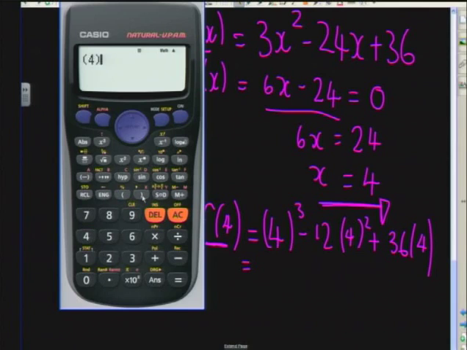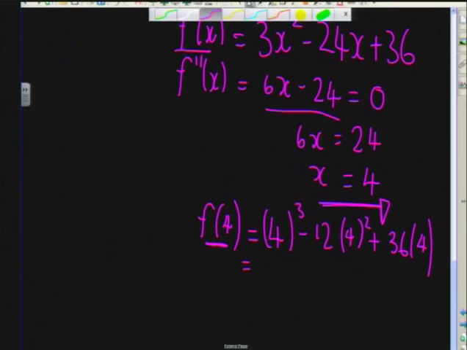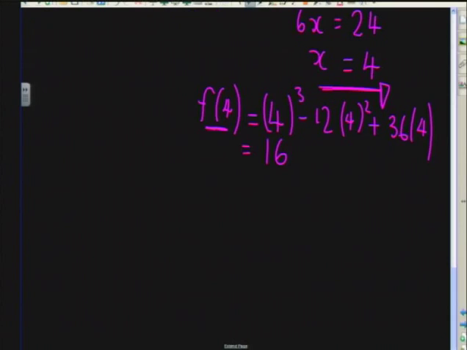It's going to be 4 cubed minus 12 times 4 squared plus 36 times 4, and we get 16. So therefore, our point of inflection will be at the point (4, 16). Remember, your point of inflection means your concavity is changing.